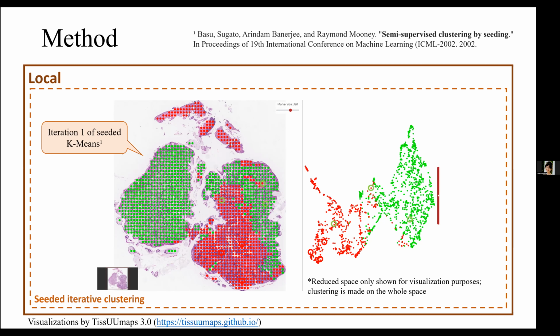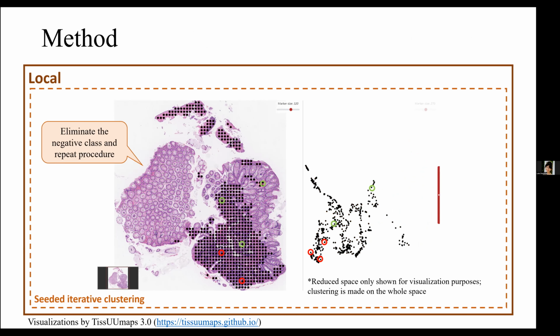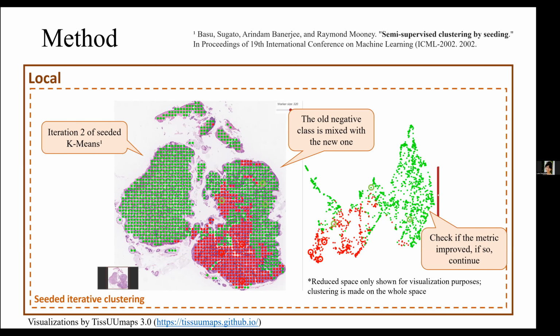So what we would do is we eliminate the negative part and we keep it, and we recluster the positive part, the red part, with the seeds that we have left. So this is the result of doing this. And the new green part will be the merge of the old green part and the new negative class.